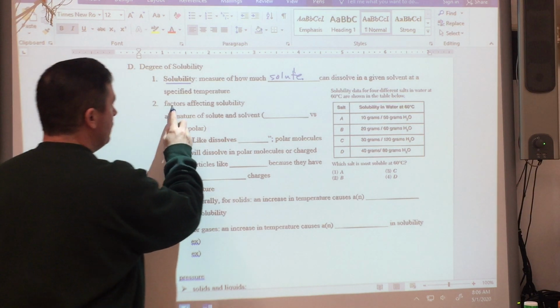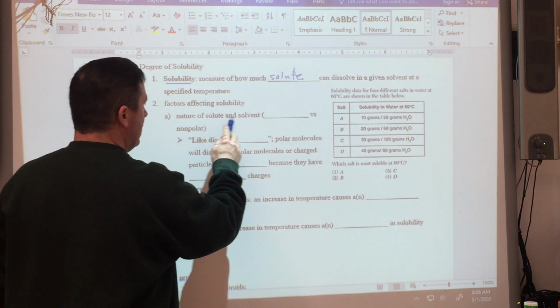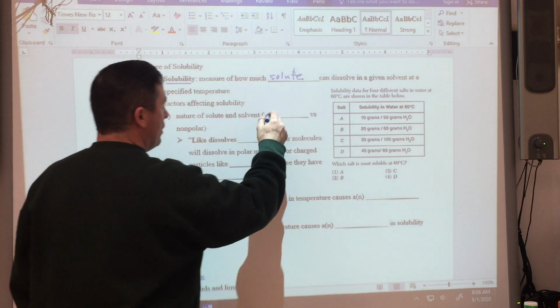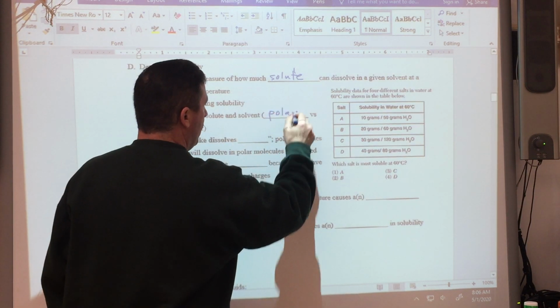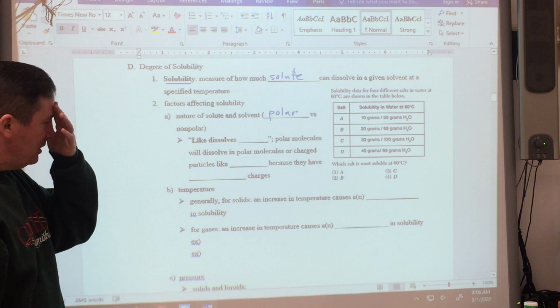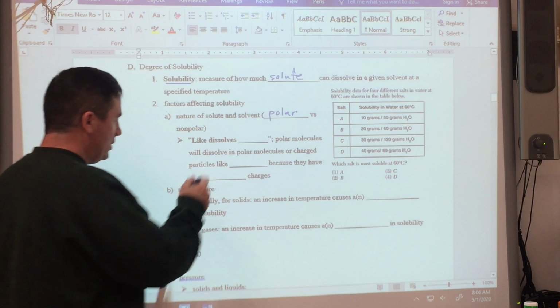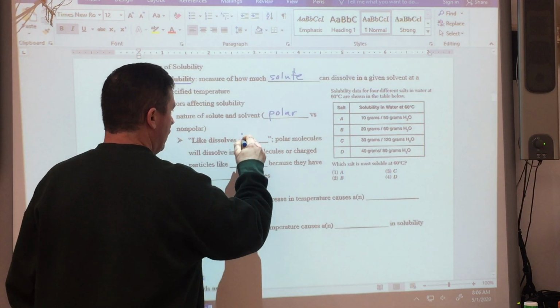So what kinds of things affect that? Well, it's the nature of the solvent. In other words, polar versus non-polar. And we looked at that already, and the term that you should probably keep in your head is like dissolves like.